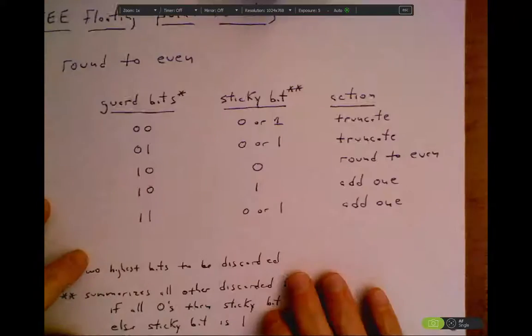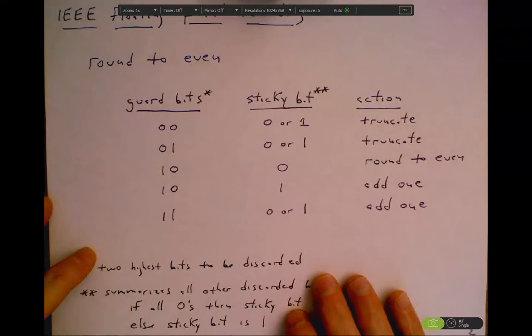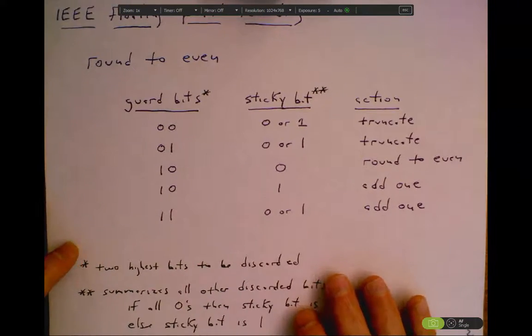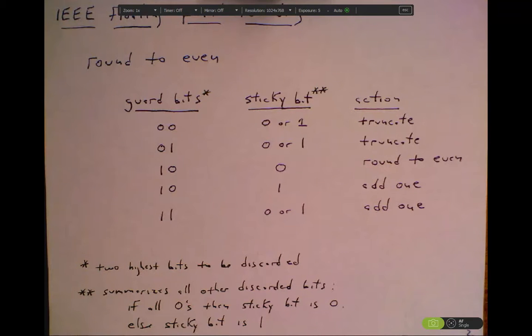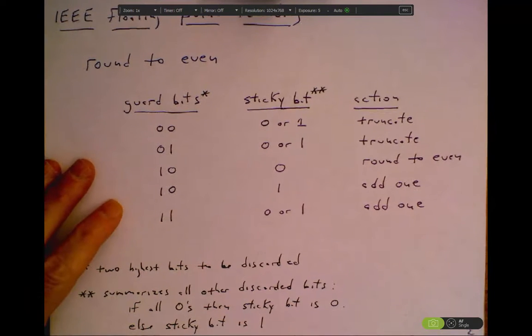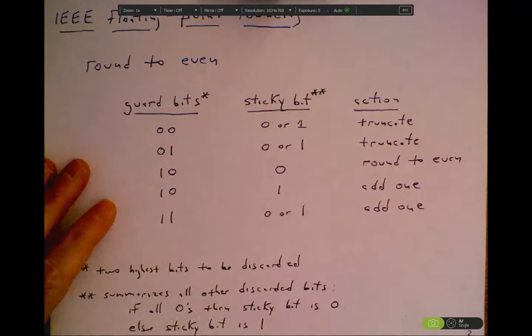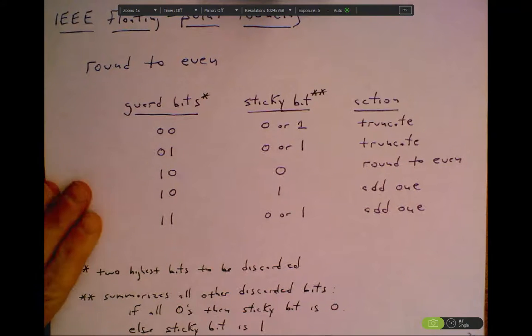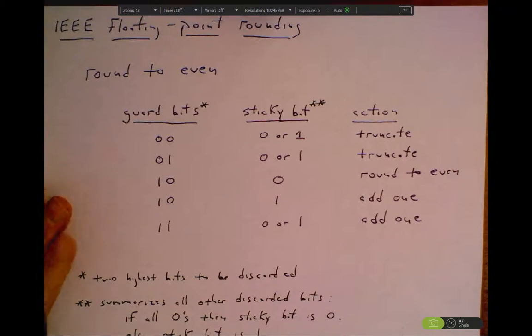All right, let's take a look at that rounding a little bit more closely. Again, what we're talking about here is one particular floating point rounding mode that IEEE supports, which seems to be what is commonly used. At least it's used on the Intel hardware. The rounding strategy is called round to even.